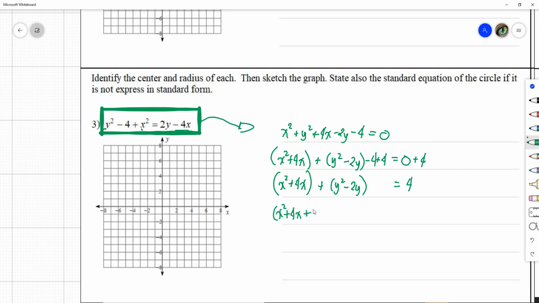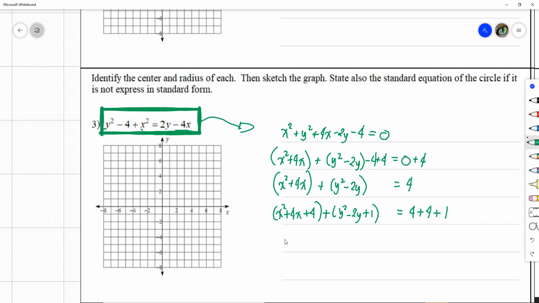So you have plus 4. Whatever you added on the right side would be added to the left side. Plus you have y squared minus 2y. Half of negative 2 is negative 1, and negative 1 times negative 1 equals 1. So plus 1 here.